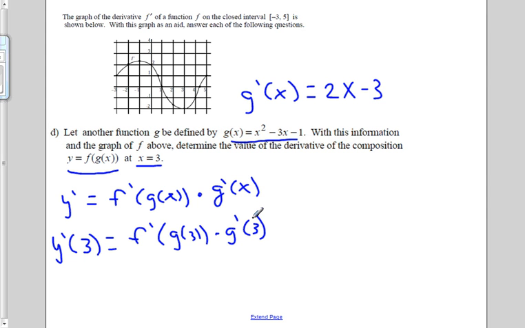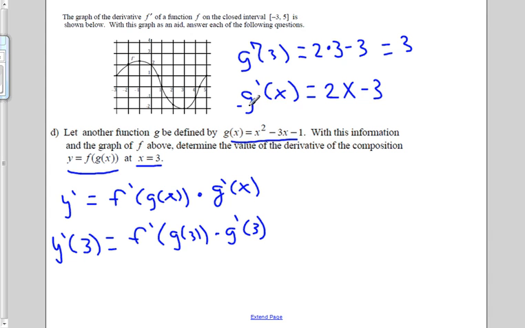Well, let's do that work over here. G prime of 3, putting 3 in for x, equals 3.